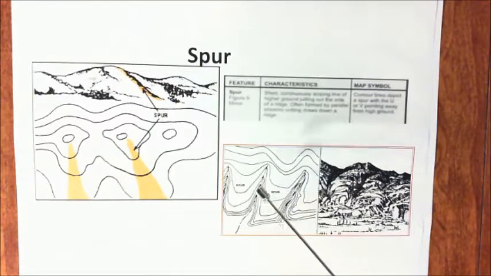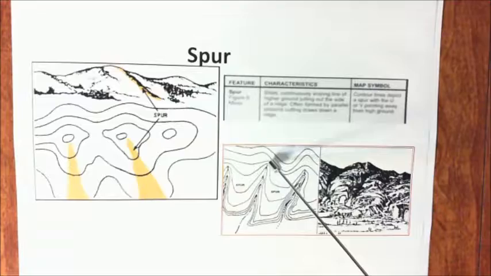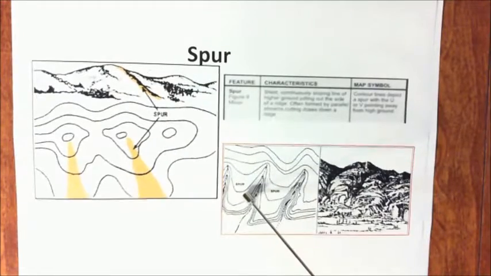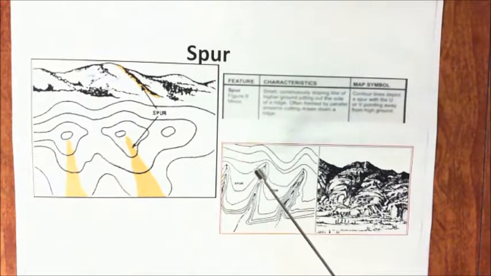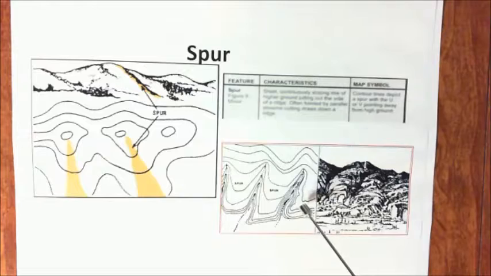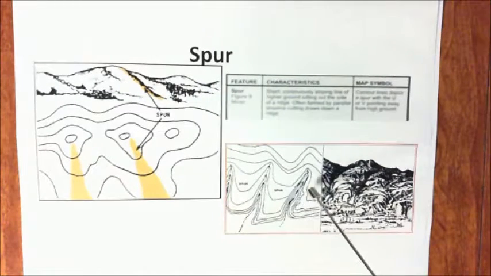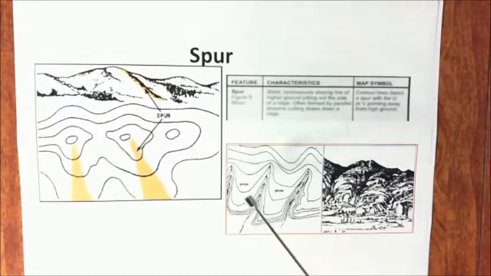So the draw has the V pointing towards the high ground, but a spur, depending how wide or tight it is, will have either a U or a V. Here's like a V here, right? It's more like a V. So that U points towards the low ground, and the draw, it points towards the high ground.